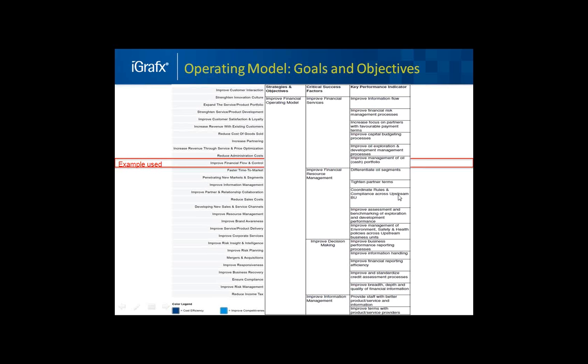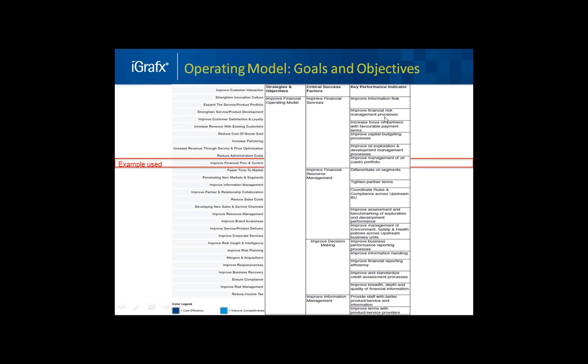Some of these are very specific, so improve the financial resource management already, as you will see, coordinate rules and compliance across upstream business units. So you will have aspects that go very, very detailed within the finance. Other aspects include already integration to other business units, like improve information flow or improve financial risk management process.